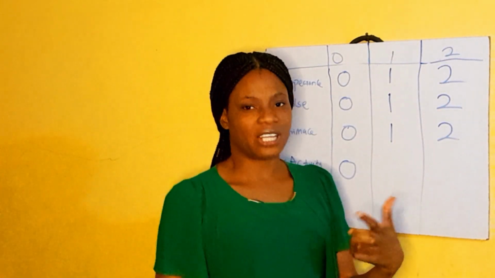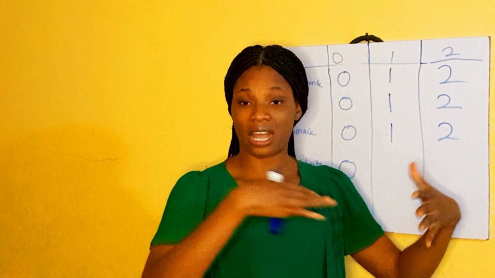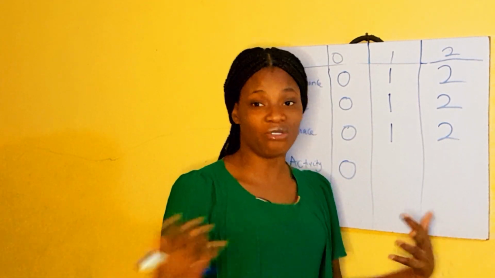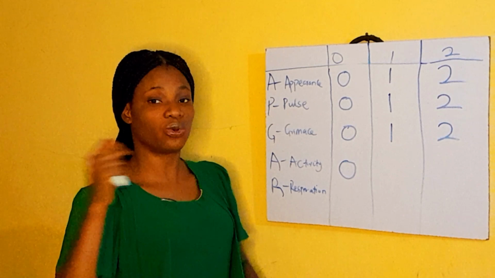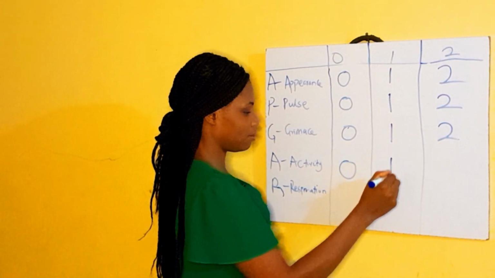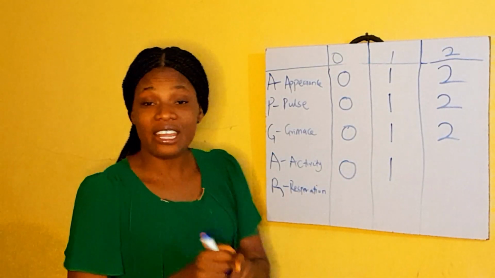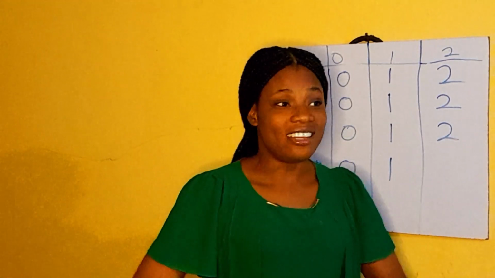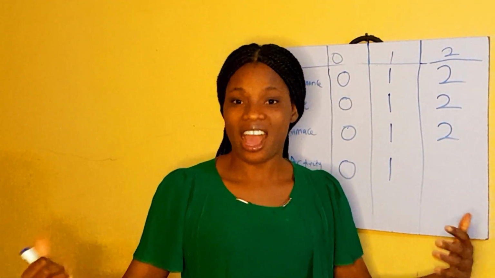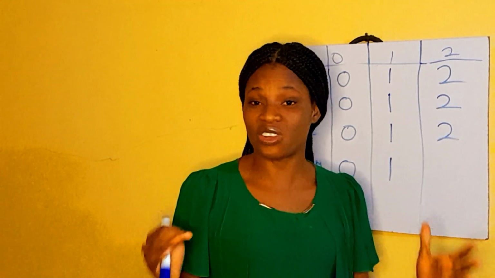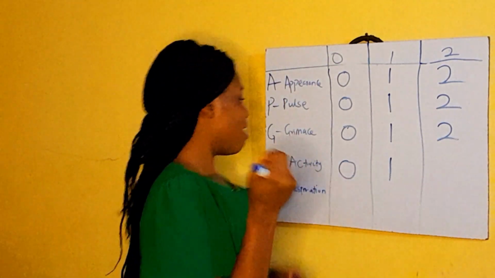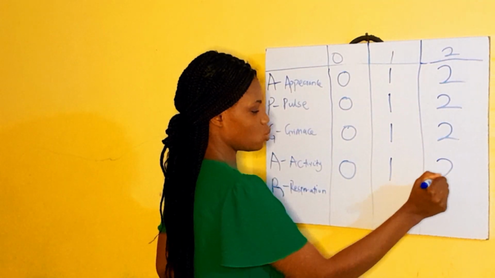If the child comes out and there is minimal activity and body movement, you score the child 1. If the child comes out and is moving the body actively and crying, a strong cry, an active cry, you score 2.